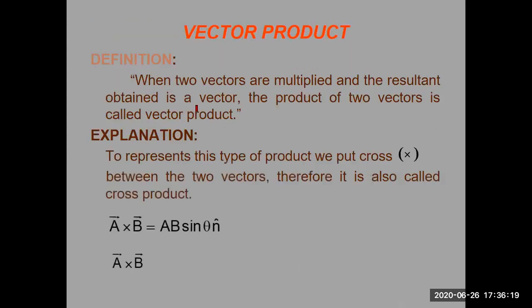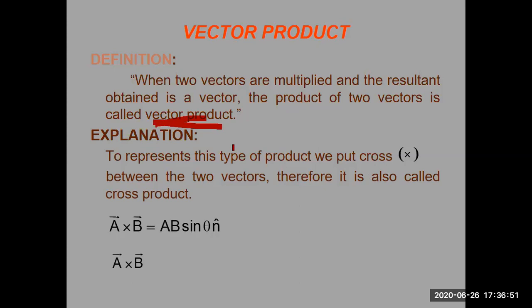And the next one is vector product. When two vectors are multiplied, the resultant obtained is a vector. The product of two vectors is called cross product. Sorry, cross product, not dot product. When two vector quantities, suppose you multiply force with the moment arm, F multiplied by R, you get torque.